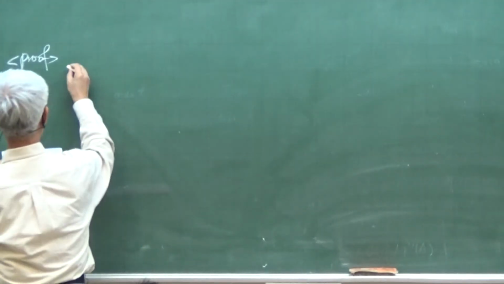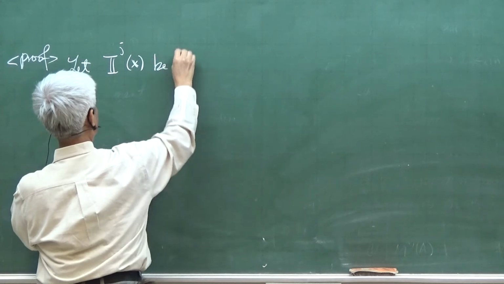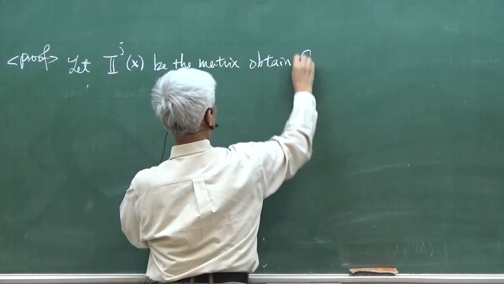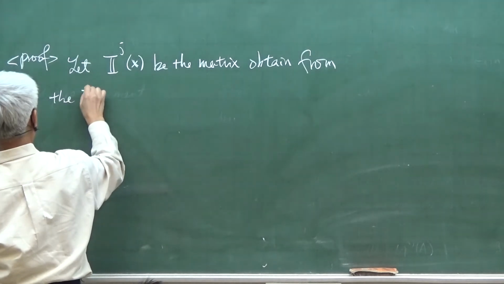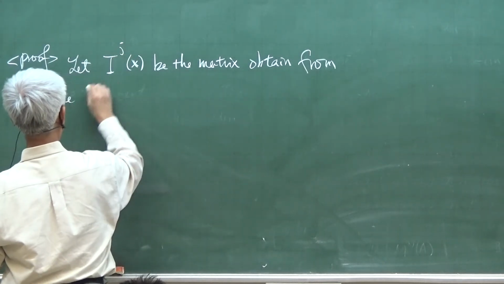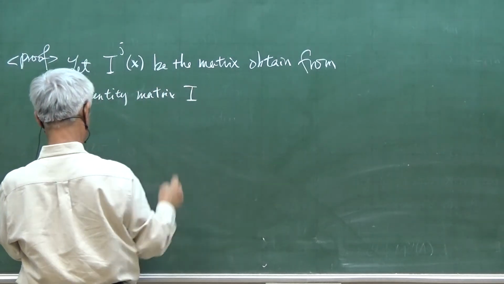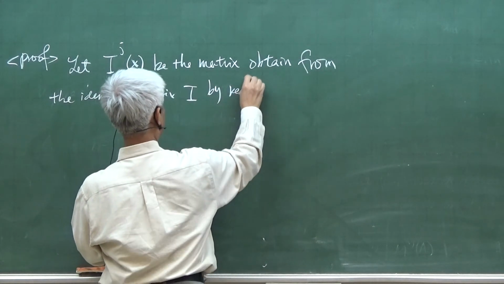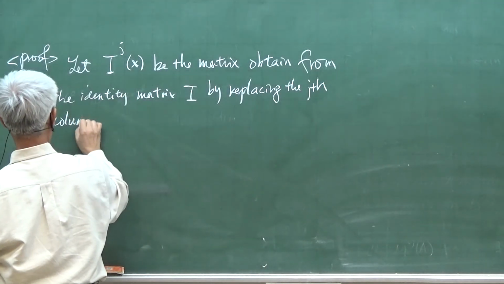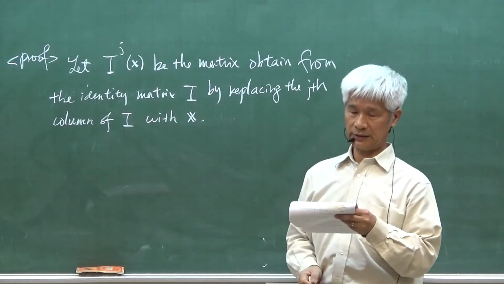Now, let I_j(x) be the matrix obtained from the identity matrix I by replacing the jth column of I with the x column vector.